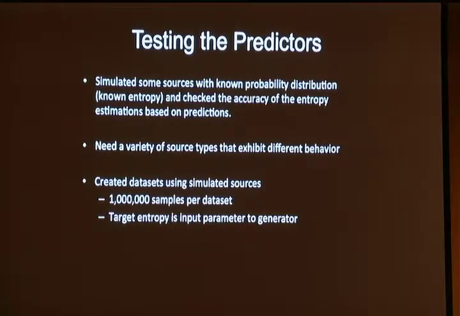Of course, we need a variety of sources to see the effect of different behavior. We created data sets using 1 million samples for each, and the target entropy was given as input while we generated these data sets.